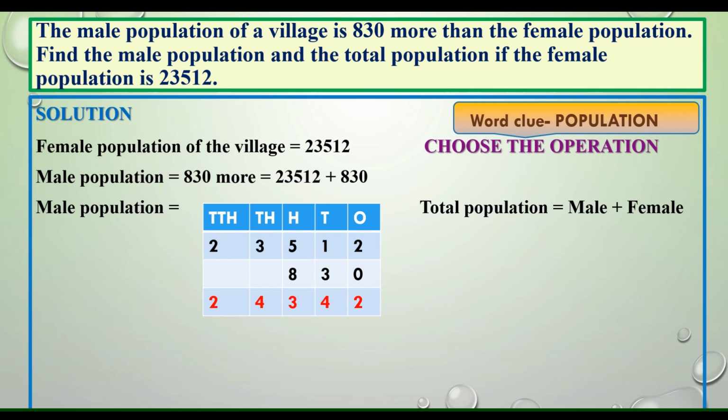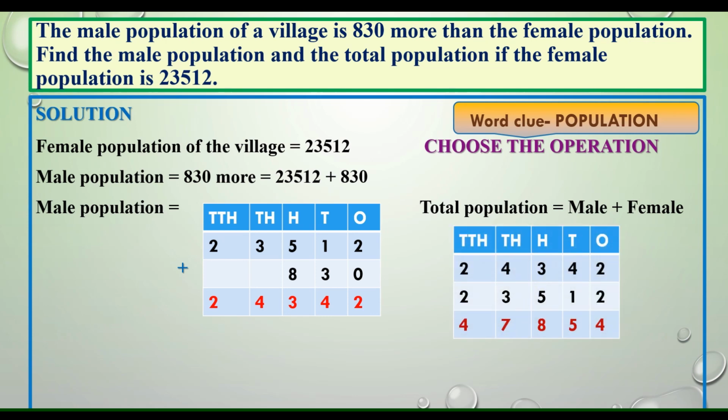Now two numbers we have, female population and male population. So total population is number of males plus number of females in that village. So number of males is how much? 24,342, and number of females 23,512.